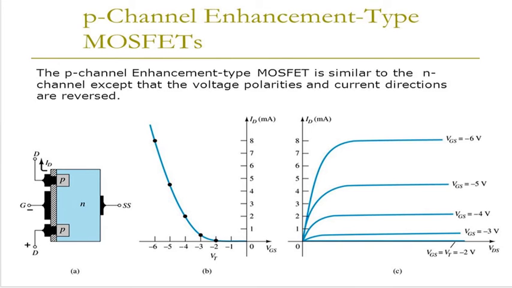Now this is about the construction of the P-channel MOSFET. These MOSFETs are not much used in power electronics, but we should know about this as it also has some applications. So this is the N-type substrate, and here we have the P-type material at this side and P-type material at this side.